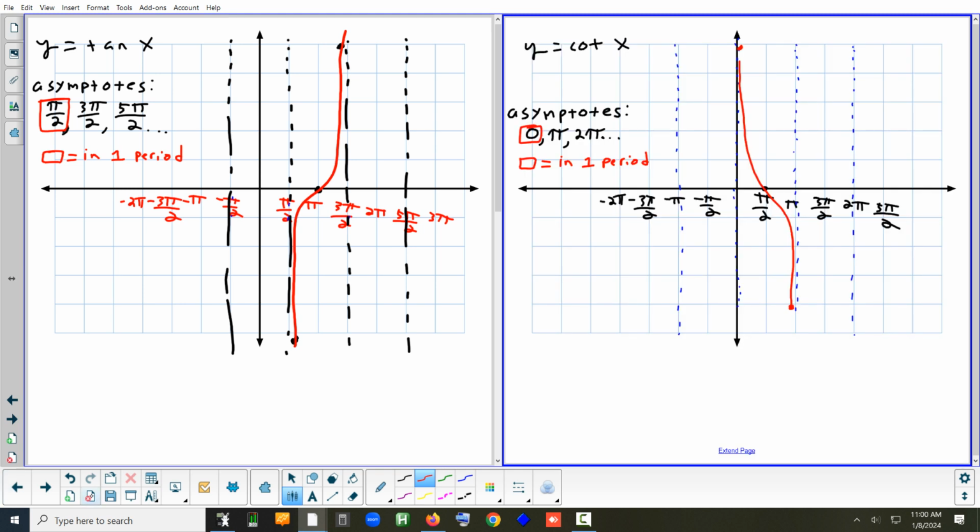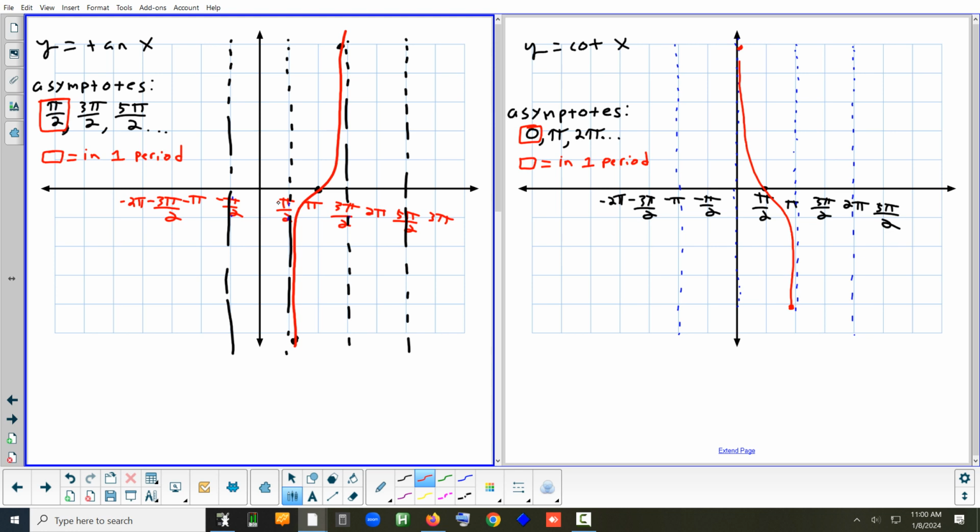Before, we had an asymptote at pi over 2. Now it crosses the axis at pi over 2. Before, it crossed at pi. Now, we have an asymptote at pi. So all the zeros and asymptotes switch. And the other thing we have to think about is how many asymptotes there are per cycle.